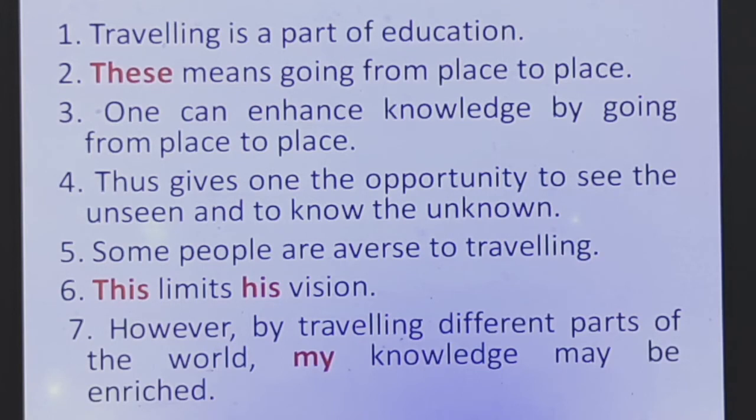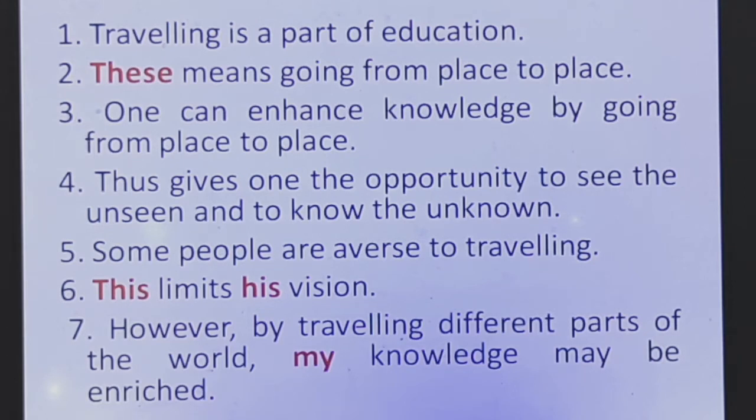That means this sentence has no subject. So what will be the subject of this sentence? Definitely traveling, because traveling gives one the opportunity to see the unseen and to know the unknown. So it's okay.